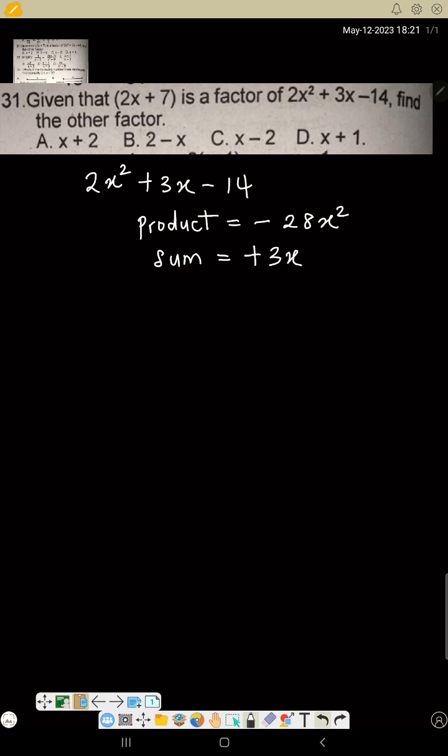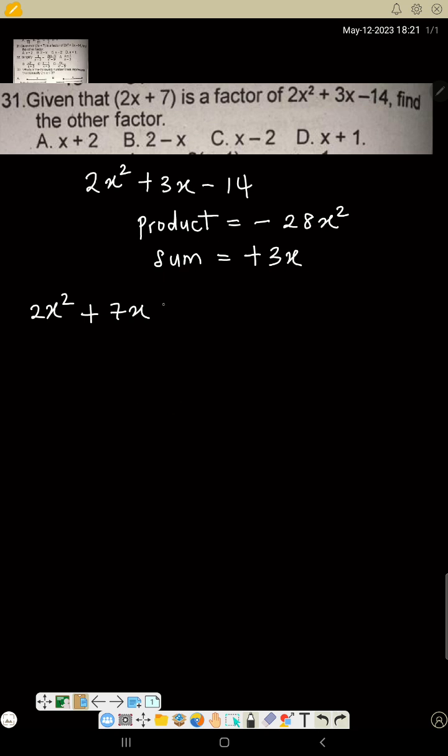So that means we have 2x squared plus 7x minus 4x, because we have minus 28.